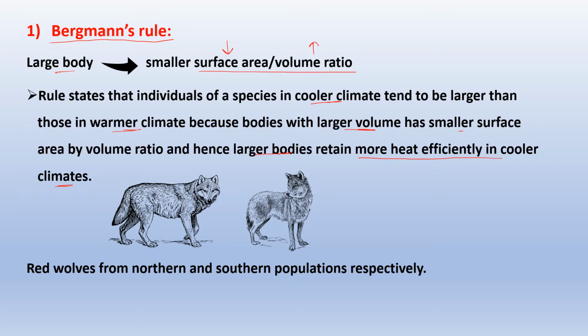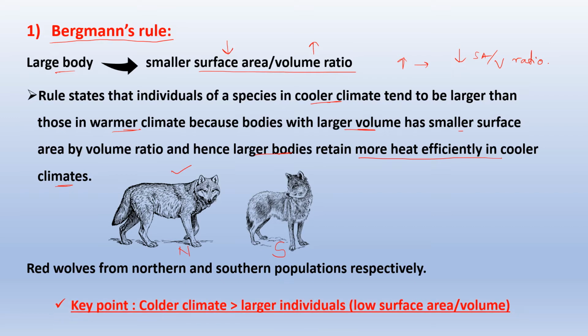So the basic principle is when the body is of large size, it has a smaller surface area to volume ratio. You can see in these images given below, these are the images of the wolves from northern and southern populations respectively. You can see that in the cooler climate, the wolf size is larger as compared to the wolf population from the southern region.